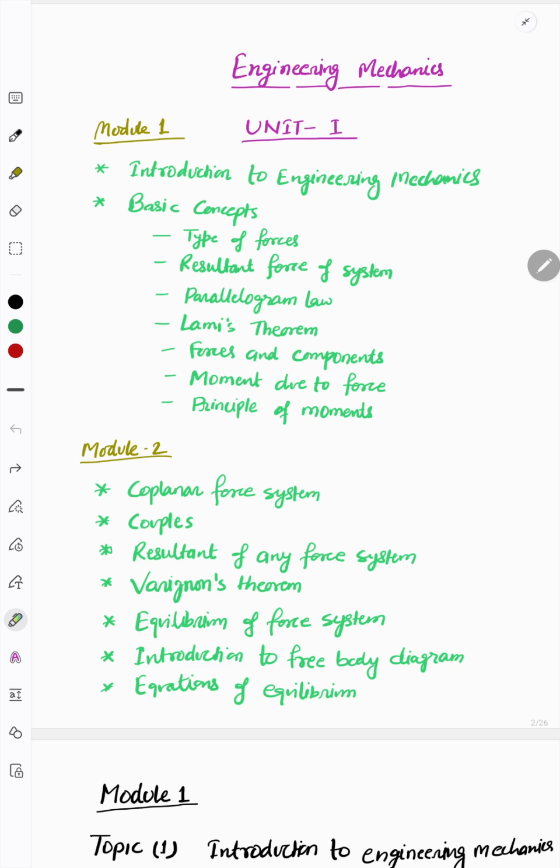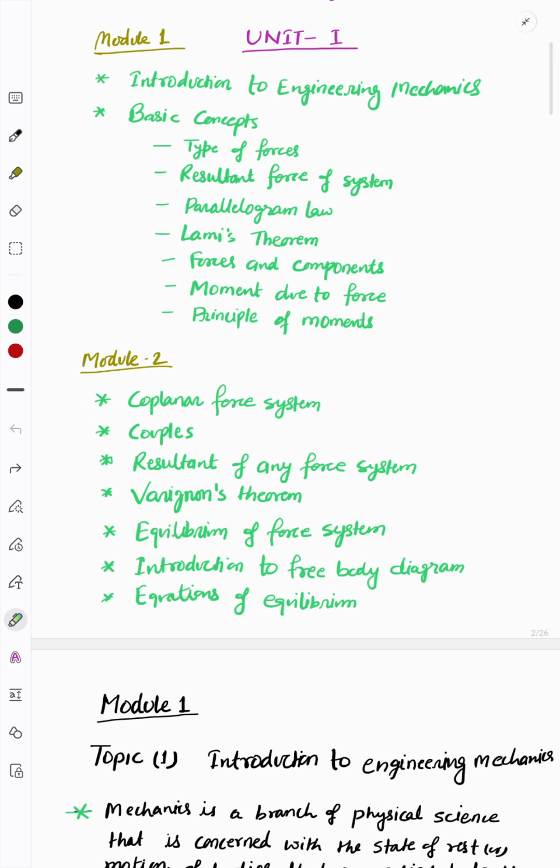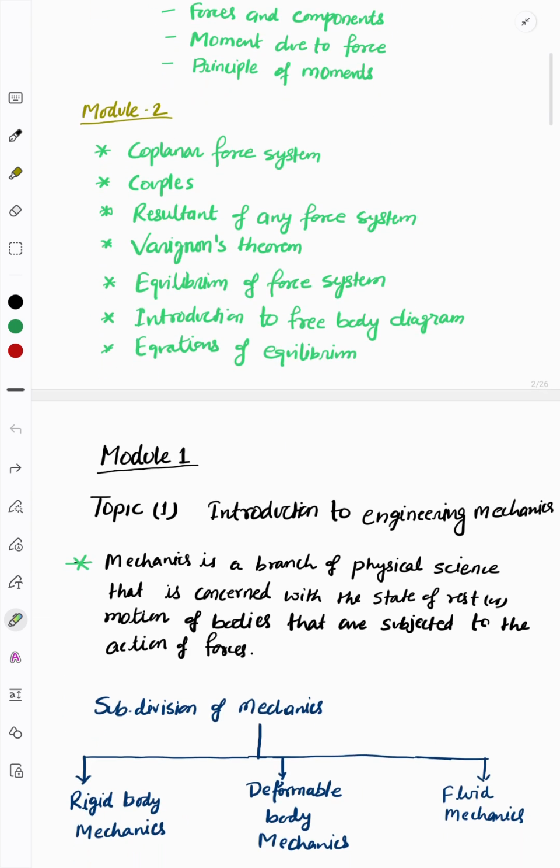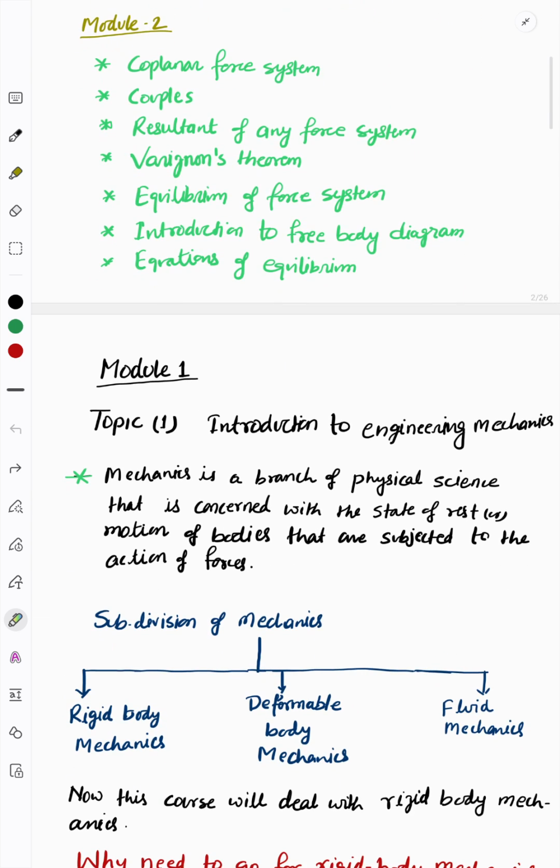So these are the contents that we will cover in the coming sessions, but simply we will go for a little bit of introduction about engineering mechanics. Mechanics is the branch of physical science concerned with the state of rest or motion of bodies that are subjected to the action of forces.